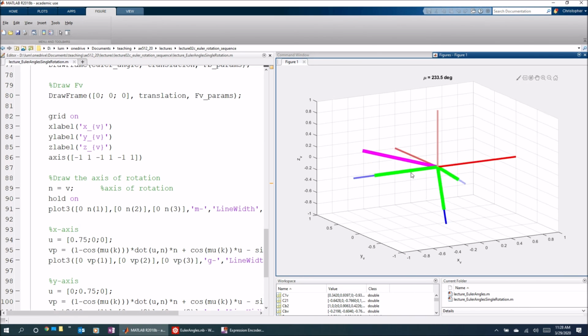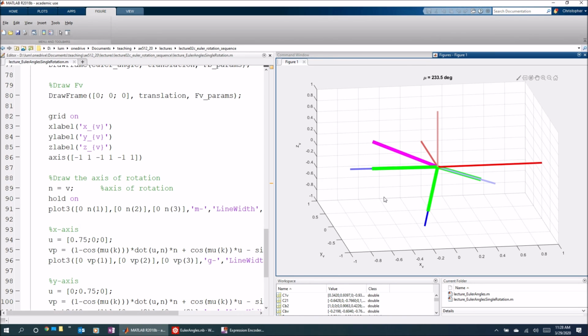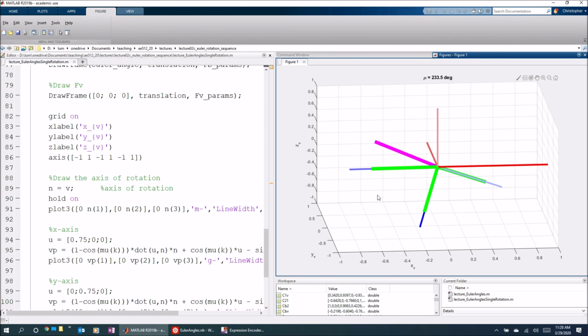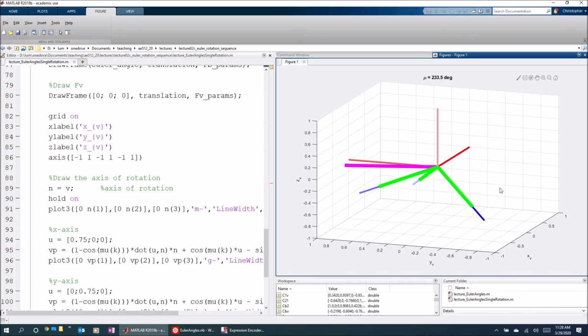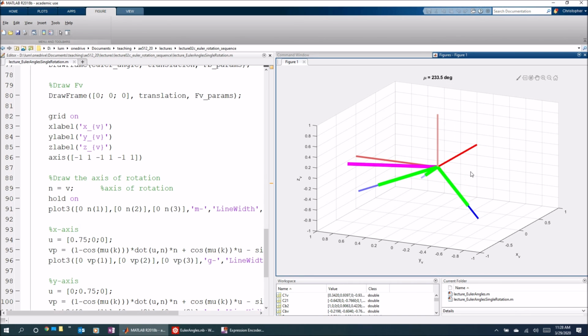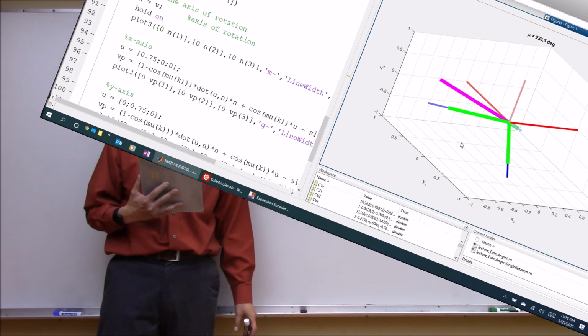So this is pretty interesting. It's neat to notice, but most of the time we are going to be using these three individual Euler angles of phi, theta, psi. This just illustrates that there's more than one way to skin a cat. You could also get to the body frame through a single rotation about this single axis of rotation.